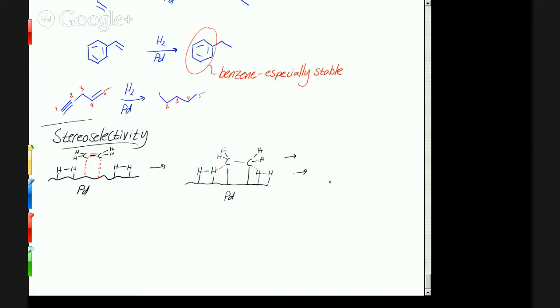But basically, you end up with the carbon with its new hydrogens floating away from the metal surface. So if these were the new hydrogens, they'll end up on the same side.